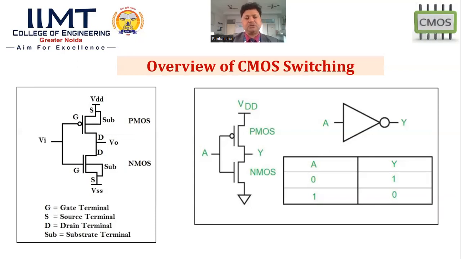substrate material. So you can recall that PMOS conducts when we apply zero voltage at the gate terminal, and NMOS gets saturated when we apply high voltage at the gate terminal.